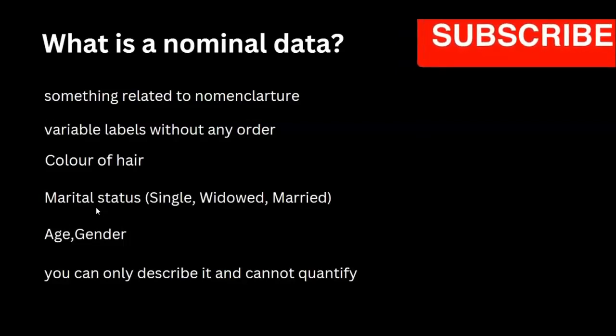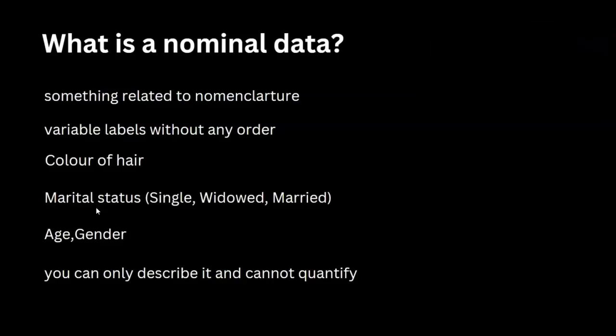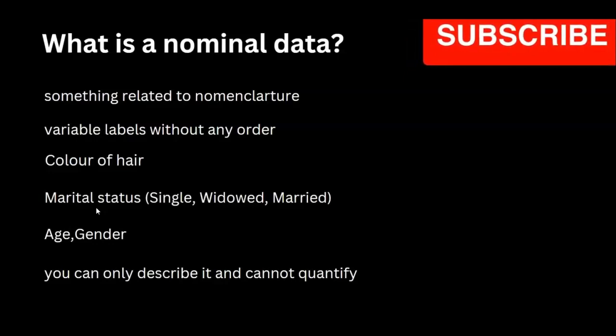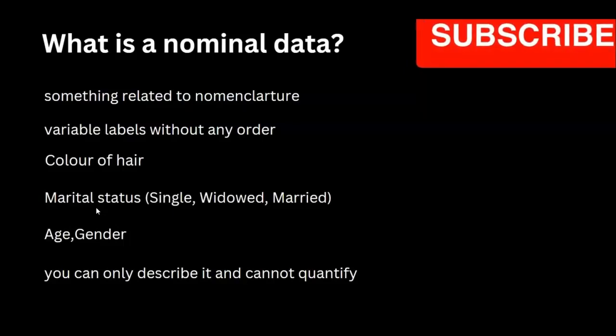Age is a number, but you are able to describe some of the properties of a person using the age. So these are variables without any order. You can only describe it, but you cannot quantify it. It is not measurable. That is nominal data.